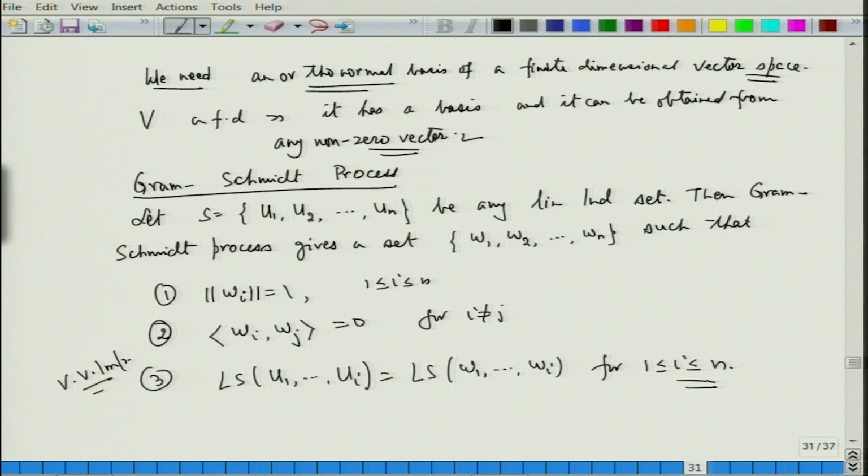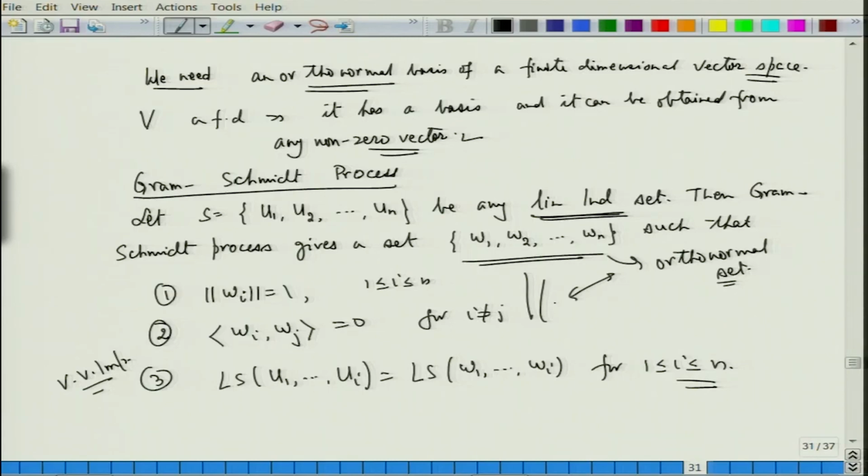All right. So, what we are saying is that I am starting with any linearly independent set, and I am able to get an orthonormal set. How do I get an orthonormal set? W1 to Wn has the property that the length of Wi is 1 and the inner product between Wi and Wj is 0, and therefore I get an orthonormal set.